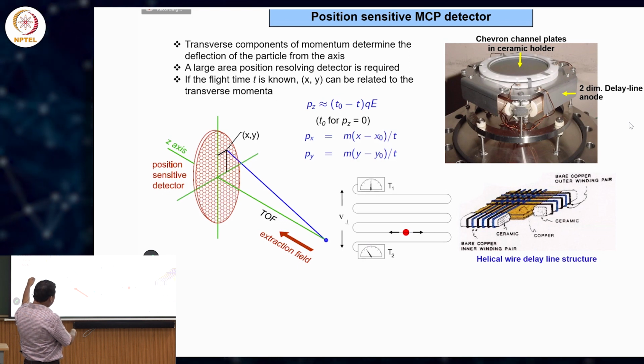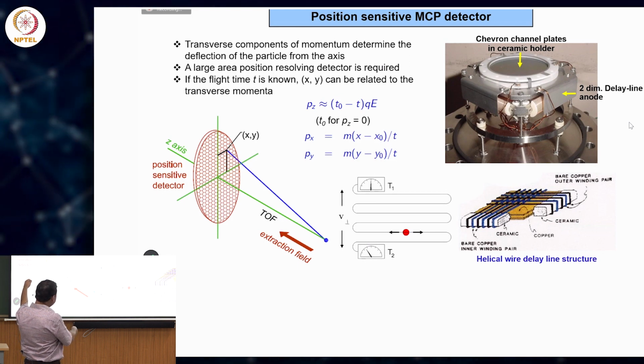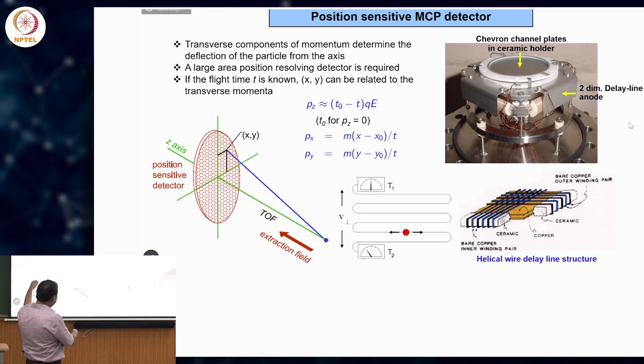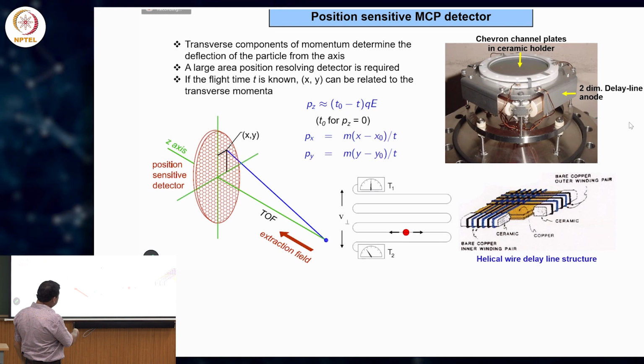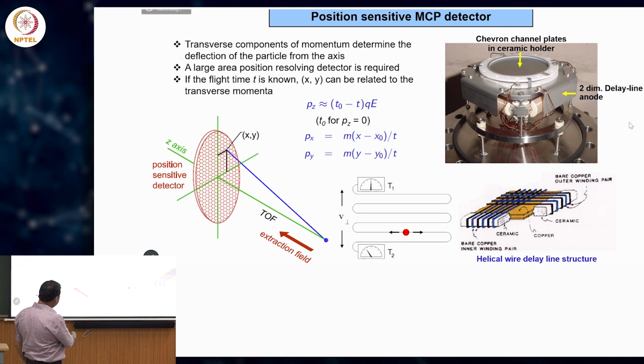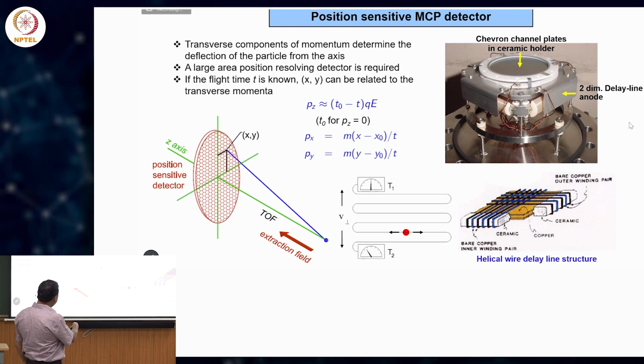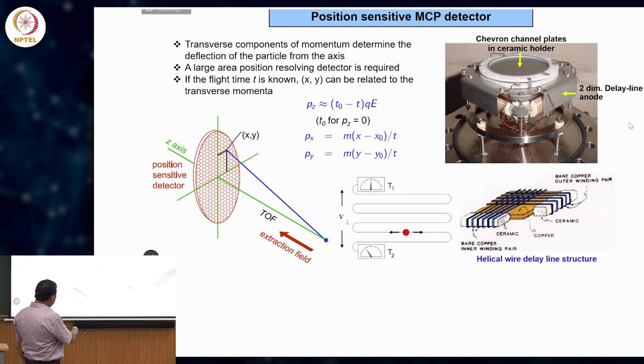If your cloud has fallen on one side of this helical delay line structure, the pulse from the shorter side will take less time, but the pulse from the longer side will take more time. So see about that: this takes less time, this takes more time.